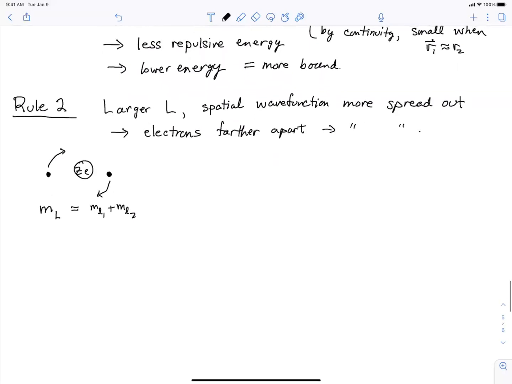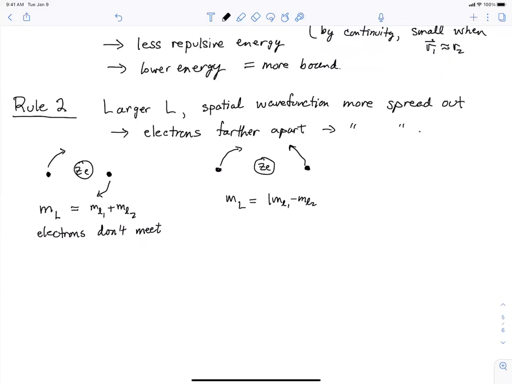Okay, now in that situation, the electrons can stay far apart from each other because as they're orbiting around, they just stay on opposite sides. Okay, and so the electrons don't meet. This is a very anti-quantum point of view. But then conversely, if we think of it like this, here's my electron and here's my other electron, and now let's say they're going opposite directions, then m sub l would be ml1 minus ml2.